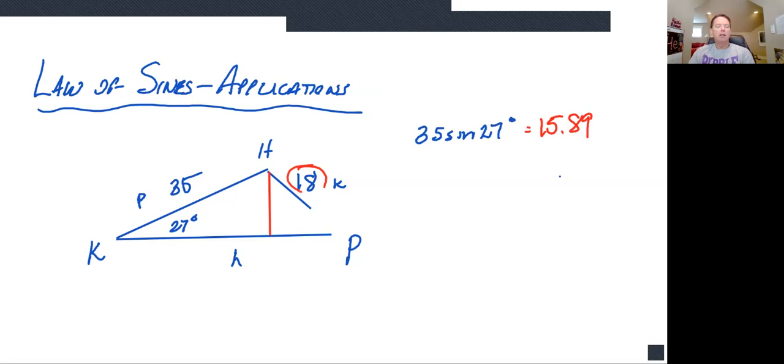So 18 is clearly too big. Can we all live with that? Which means it doesn't actually look like this. It actually looks like that. You good, Lucas, so far?